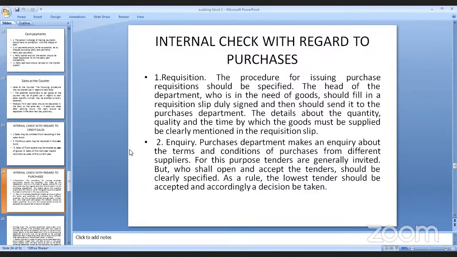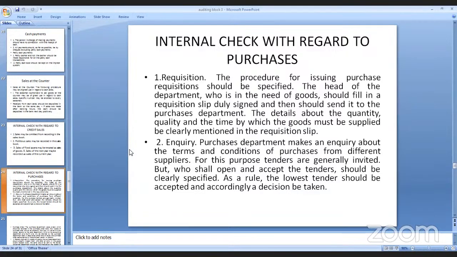Next, inquiry. The purchase department makes an inquiry about the terms and conditions of purchases from different suppliers. So the purchase department is linked with the suppliers. As the suppliers render the raw material to the purchase department, there will be a close association between them.